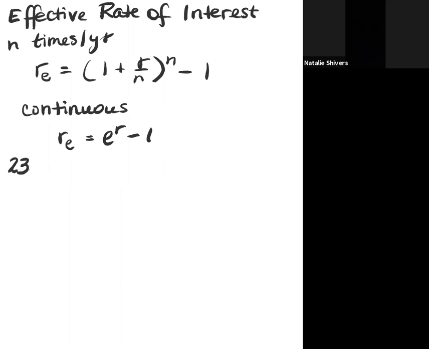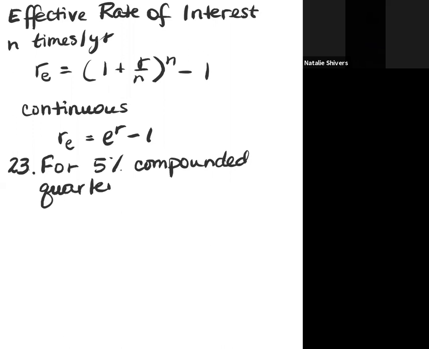Okay, so we're going to only do one of these problems. You have a couple on the MyMathLab, for 5% compounded quarterly. Okay, so I'm going to get 1 plus 0.05 over quarterly, which is 4, to the 4, minus 1.